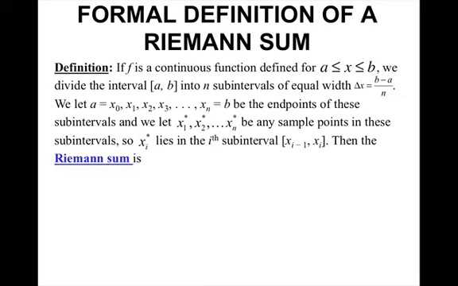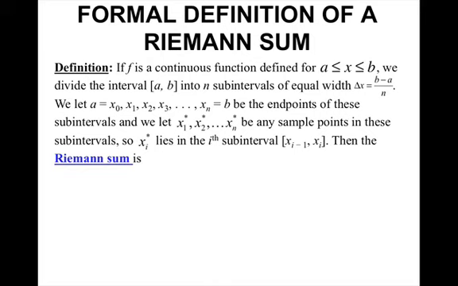Let these be the endpoints of these subintervals, and we let x_1*, and so on, be any sample points in these subintervals, so that x_i* lies in the ith subinterval, from x_{i−1} to x_i.